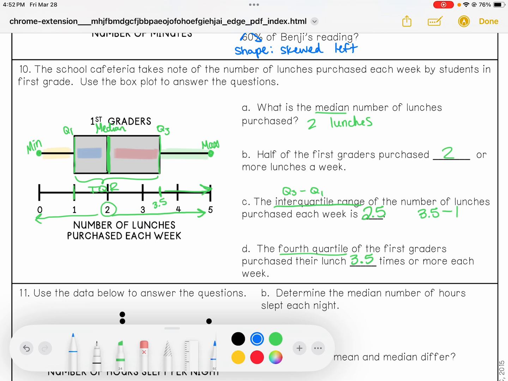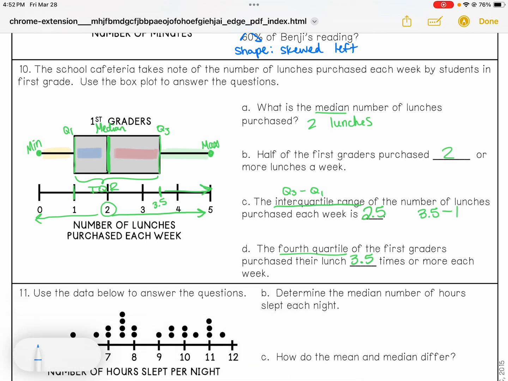We could say that there were 60 first graders surveyed here, and these 60 first graders were divided into 4 sections. 60 divided by 4 is 15. So if I'm saying there were 60 first graders, we put 15 in each group. So all of these quartile sections would hold 15 first graders.